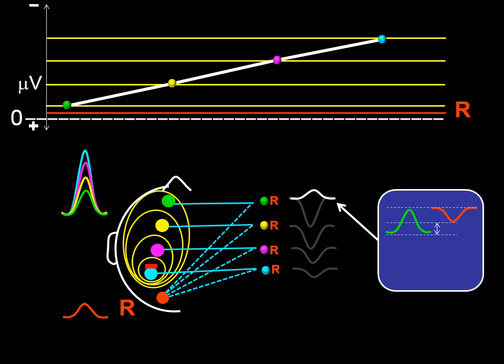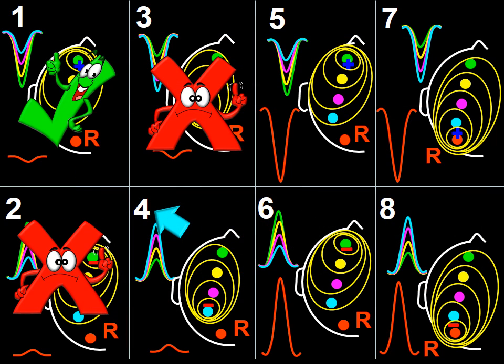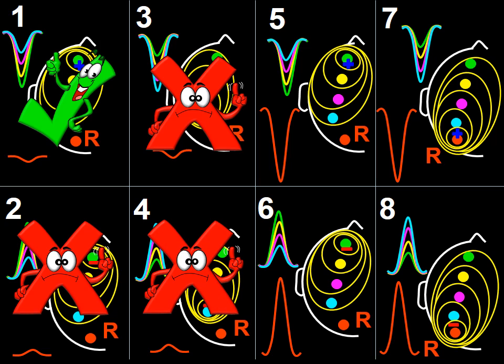And in this frame, the waves are being placed in the blue box to represent what happens at the level of the differential amplifier. In addition, as you can see, the arrow points to the result of this arrangement, which, as you can see, does not correspond with the waveform from the first derivation of the waves in question. Hence, option 4 is not a sound option.